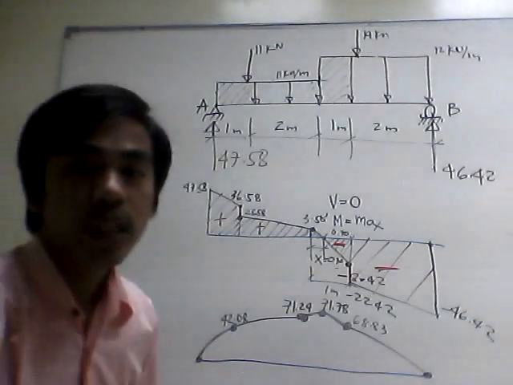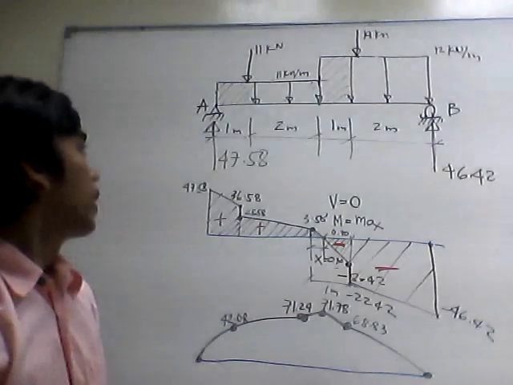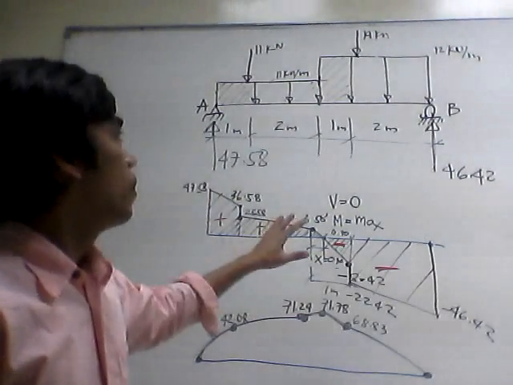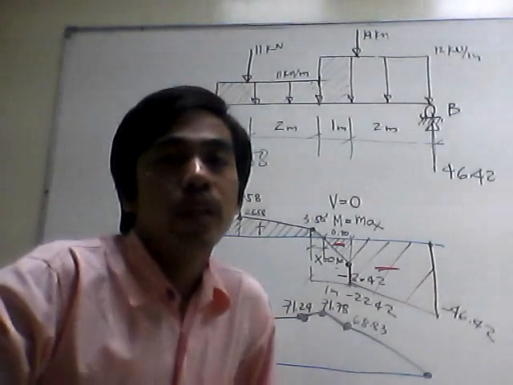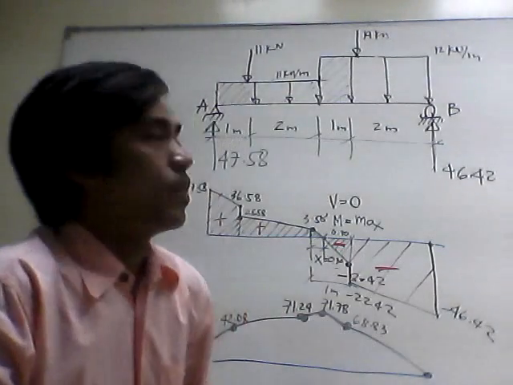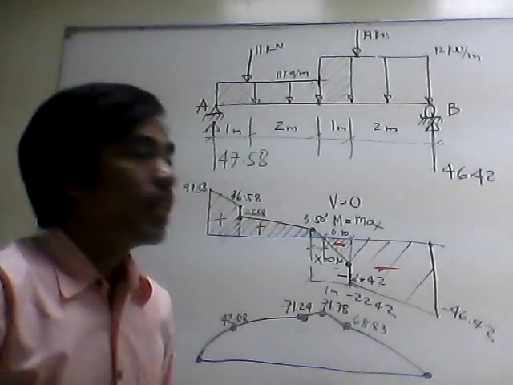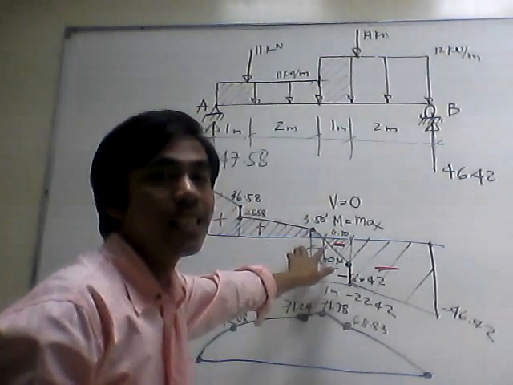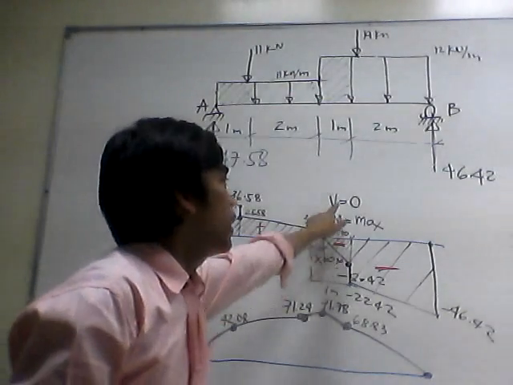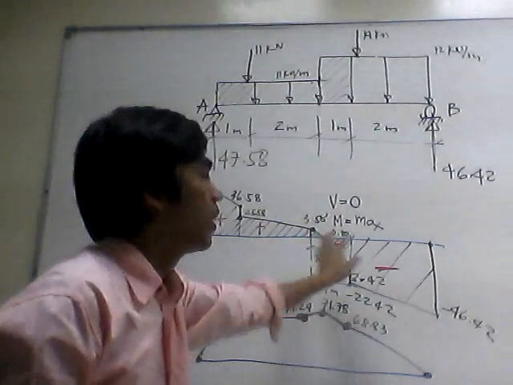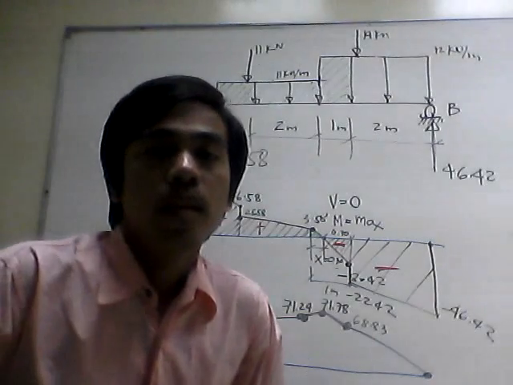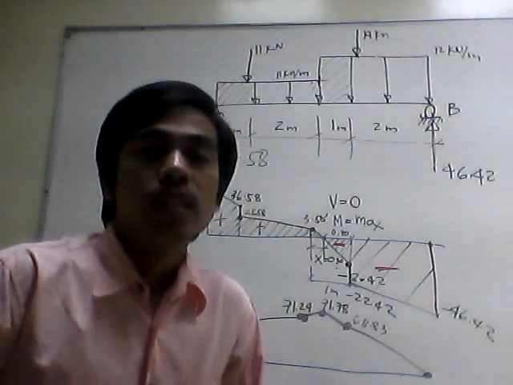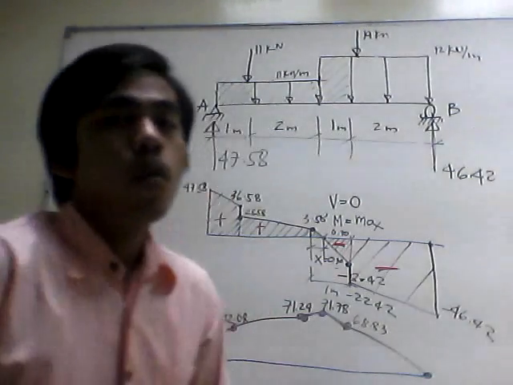So I hope that this video helps you in drawing the shear and moment diagram of a simple beam loaded with uniform load plus concentrated loads. One important thing here is you must locate the point of 0 shear, because that point corresponds to the important value in the shear and moment diagram, which is the maximum moment.